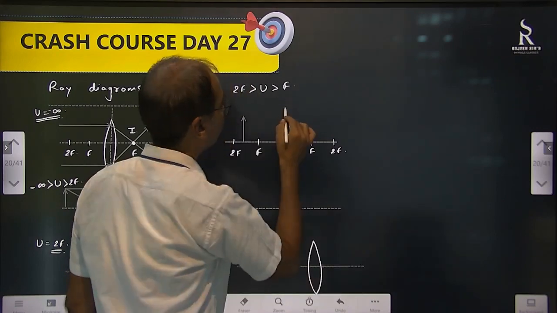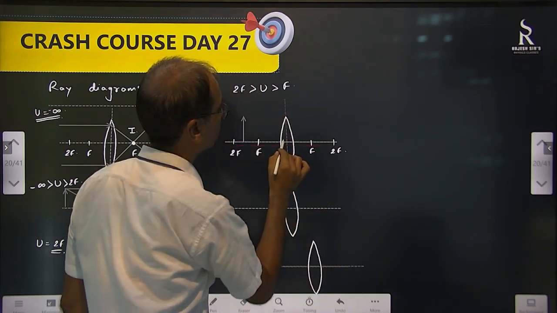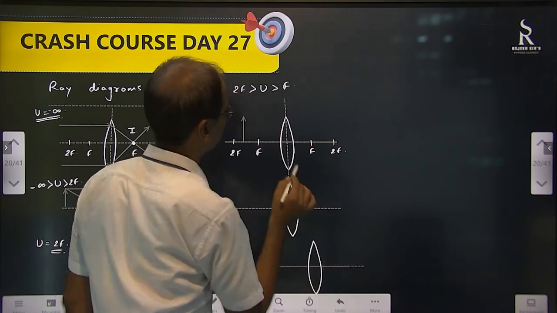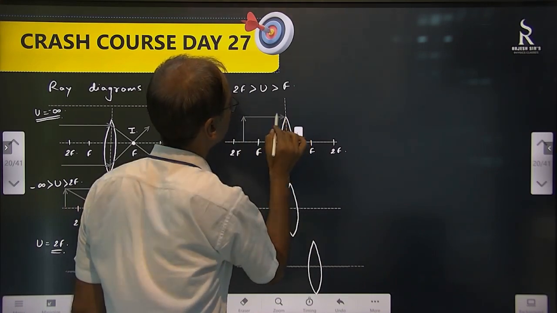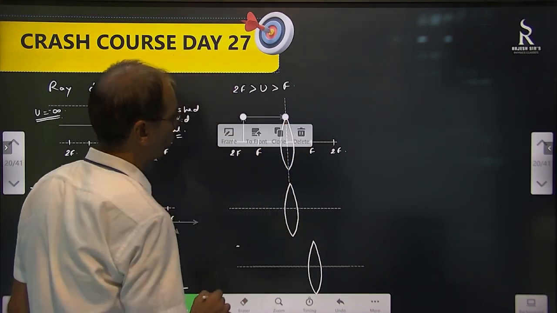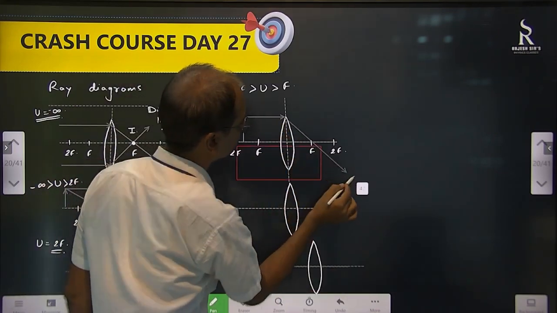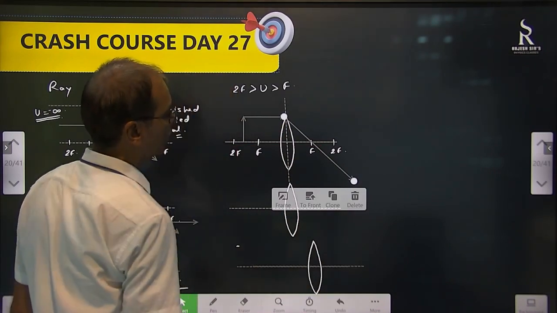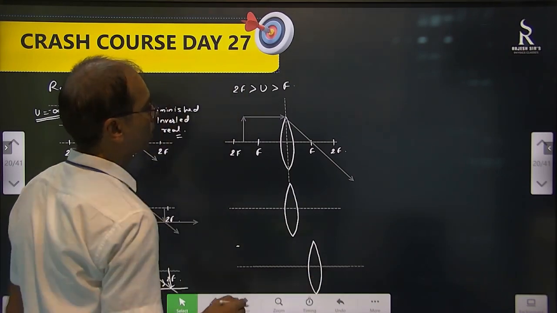So it's here. Then make the center line. Alright. So here is the straight line. It will pass through the focus. Go like this, and then another one we will take from the pole itself. Okay.